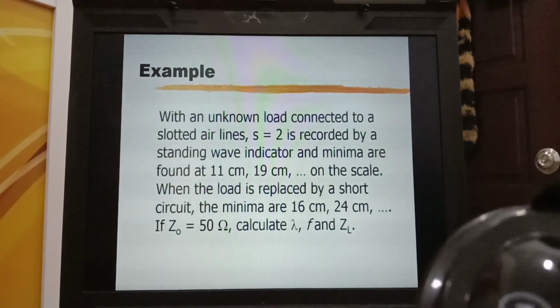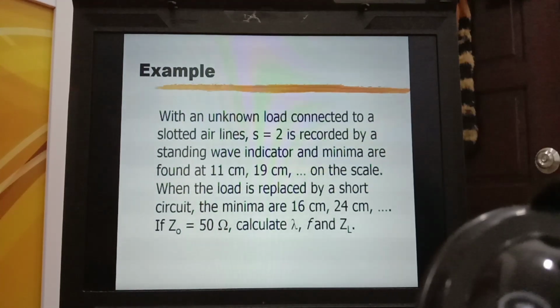The SWR is given as 2, and it is recorded by a standing wave indicator, and minima are found at 11 cm, 19 cm, and so on the scale.